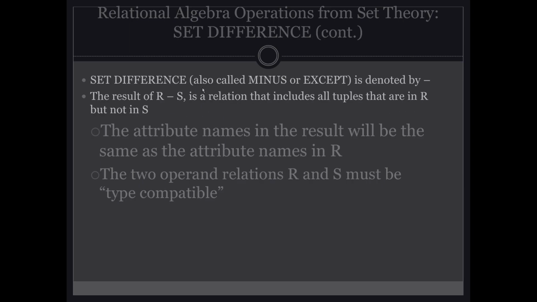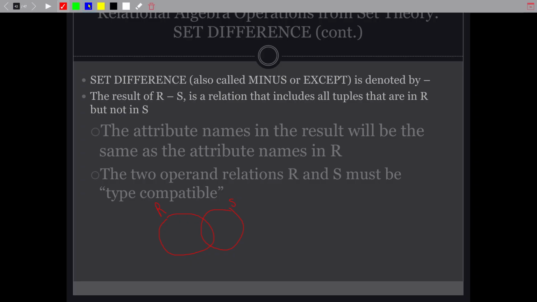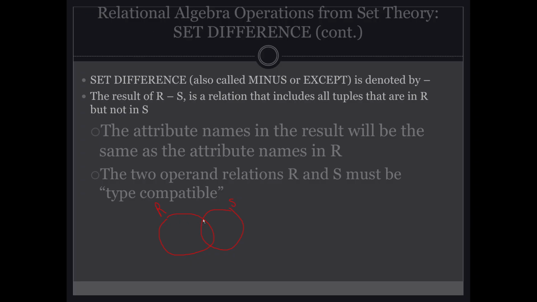Finally, we have the set difference. So you have R and S. R minus S gives you all elements of R that are not in S, okay? And that's obviously going to remove the intersection.